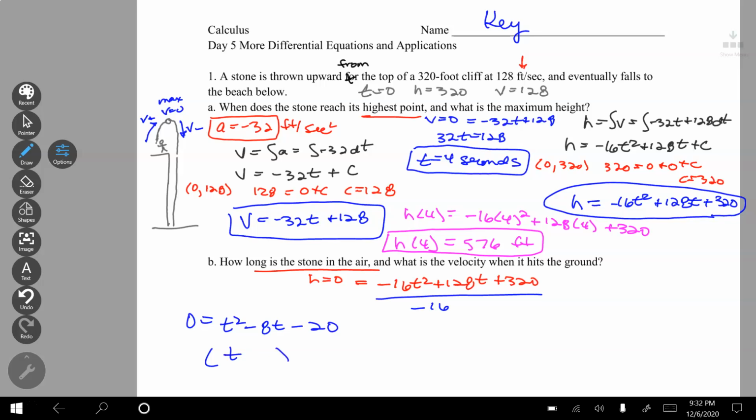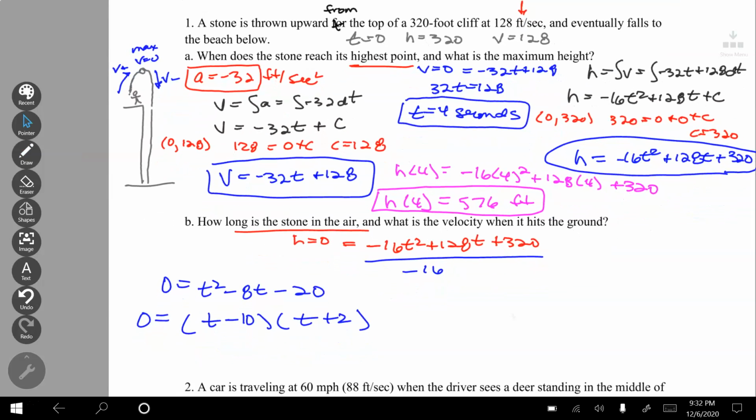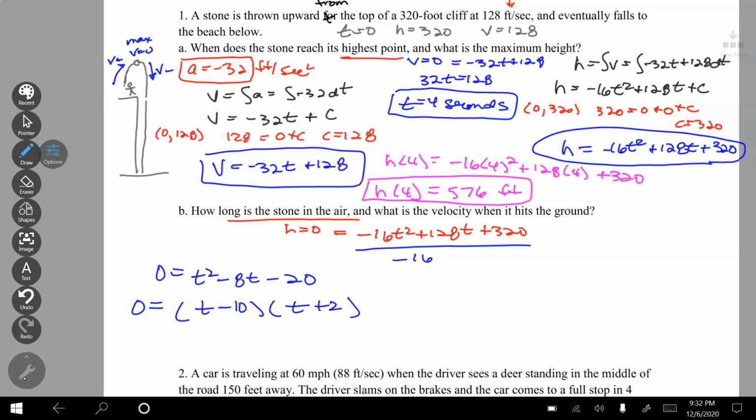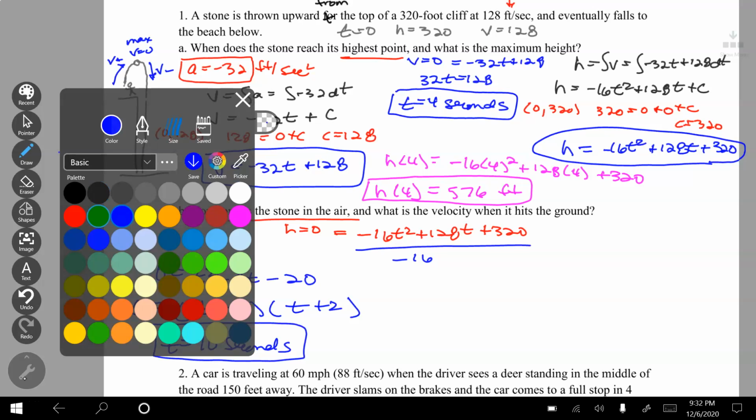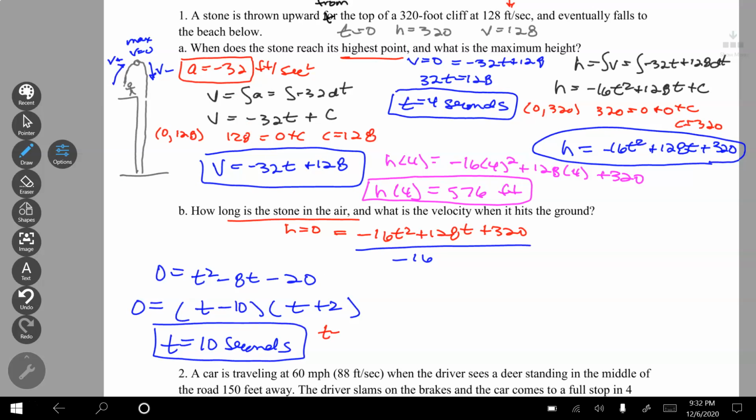I could factor this. I get minus 10 plus 2. So I get t equals 10 seconds. That's how long it's up in the air. And then the other one is t equals negative 2, which is impossible.